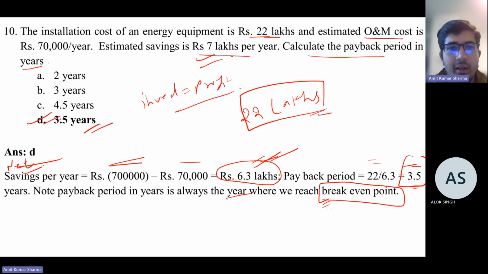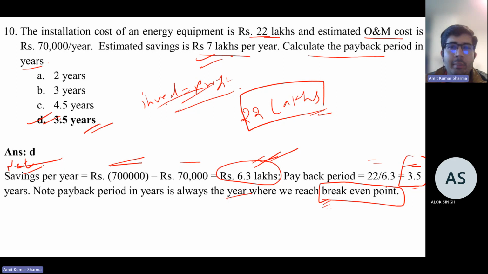So basically, you have recovered all your invested money. After 3.5 years, every penny that you will get will be your net profit. Okay, so I think it's clear.